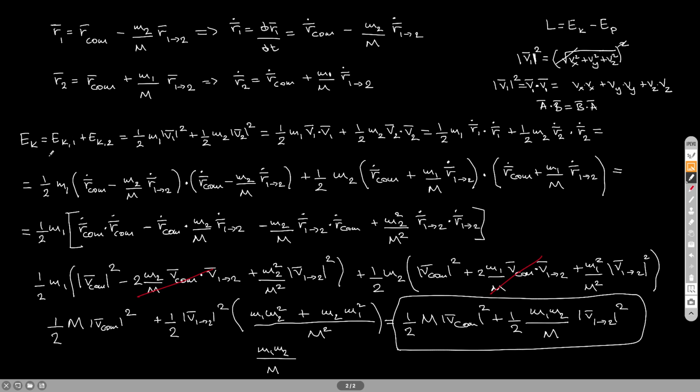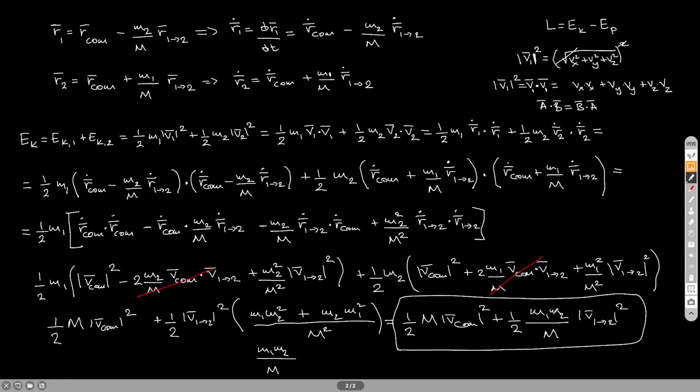One way is to express the kinetic energy of the system as the kinetic energy of mass 1 plus the kinetic energy of mass 2. And then doing all of this work, you can show that you can also express the kinetic energy of the system as the kinetic energy of the center of mass plus a term that depends on the velocity of the relative position vector from 1 to 2.